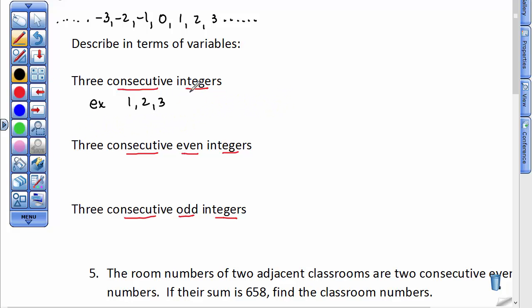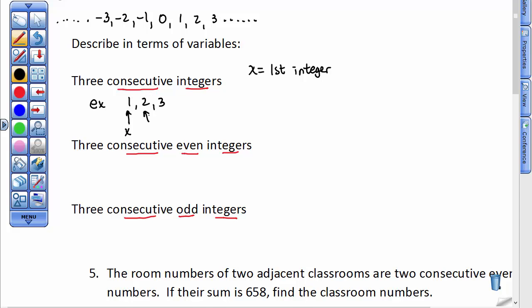Let's say I wanted to write these in terms of a letter x. So let's let x represent the first integer. In our example that I've got written here, x would be representing the number 1. So if this is represented by the letter x, what would you have to do to this letter to get just one more beyond that number?